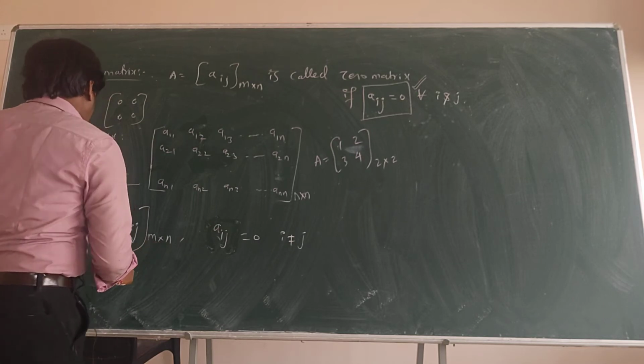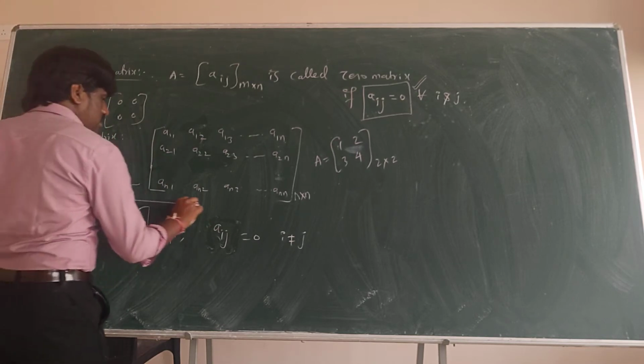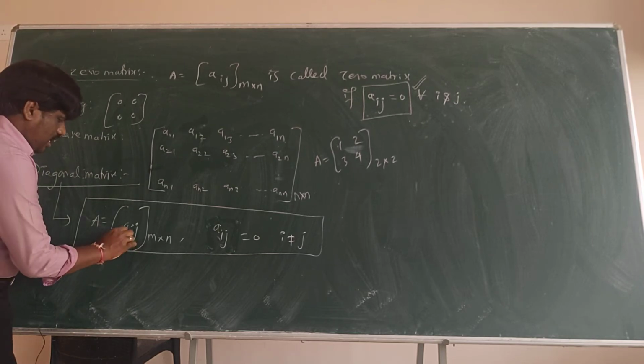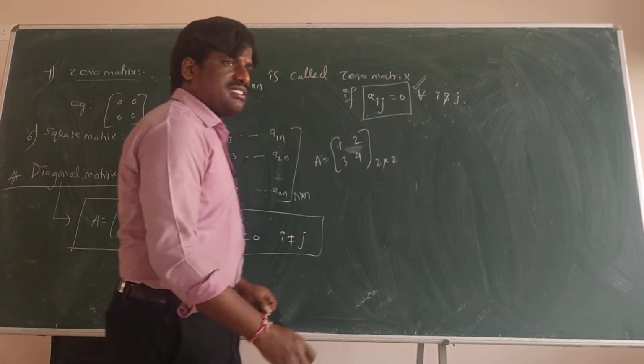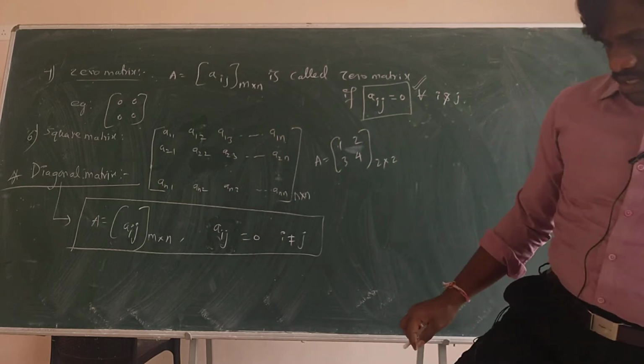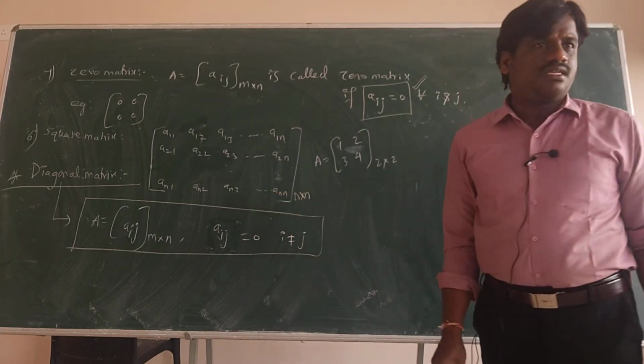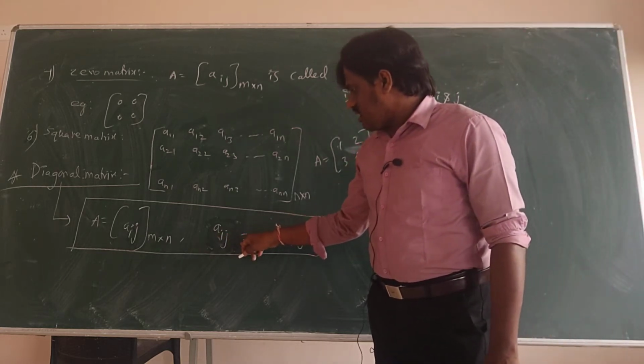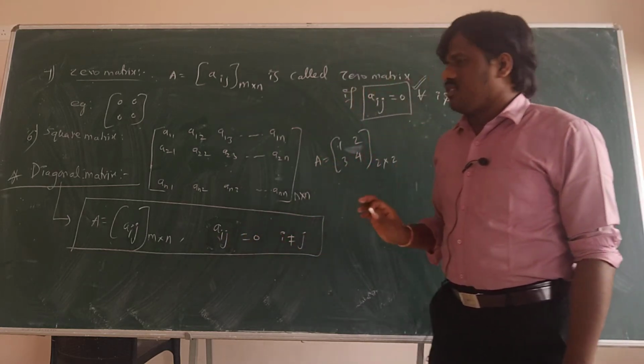So this is called a diagonal matrix. I am writing in this language, I will explain. A is a matrix of m cross n, where aij is equal to 0 for i not equal to j.